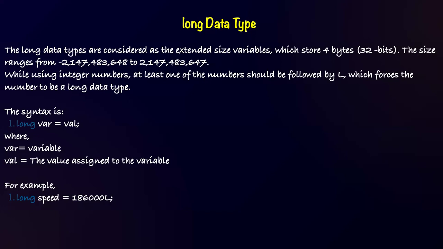So if the number is followed by an L, it forces the number to be a long data type. What is the syntax? Long var equal to val. See below: long speed equal to 186,000L.